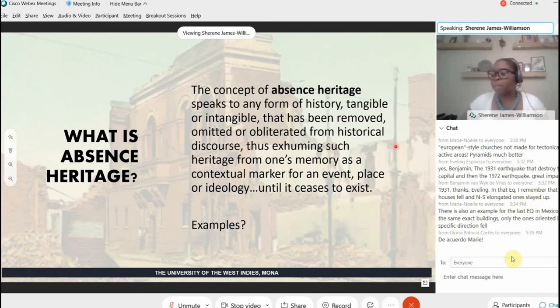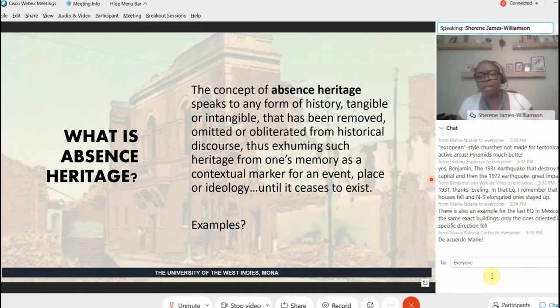So some examples of the current use of absence heritage. One example that I discussed yesterday with Georgianne was some paintings I saw when I was in Barbados. And every time I go to the Barbados Museum and I go through the displays, I end up on some of these paintings.